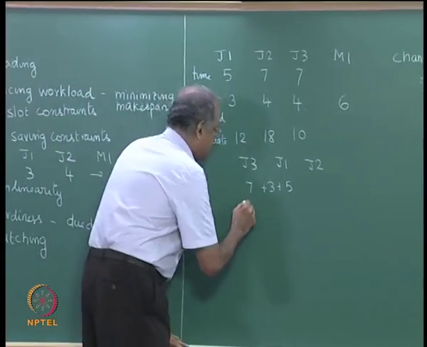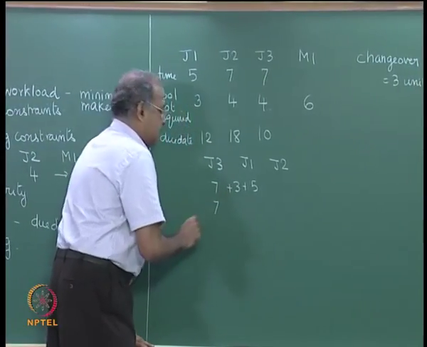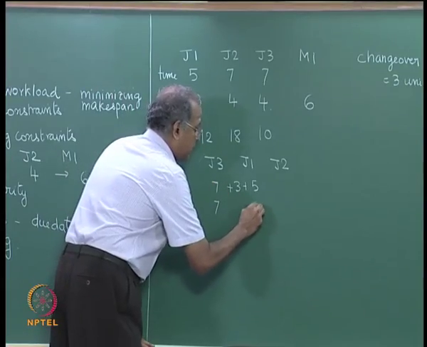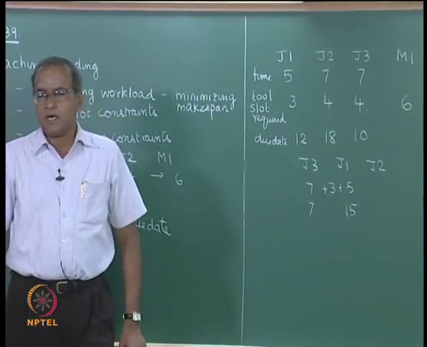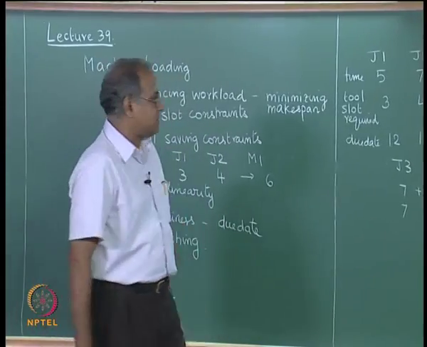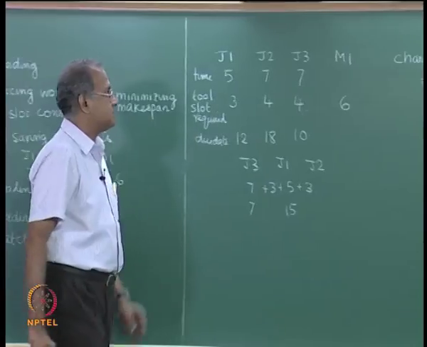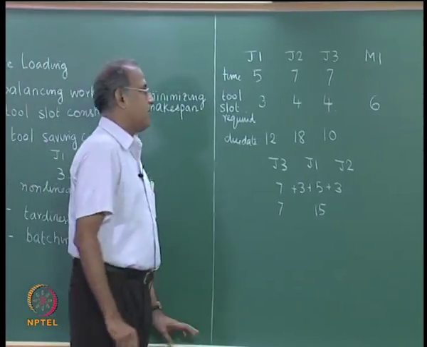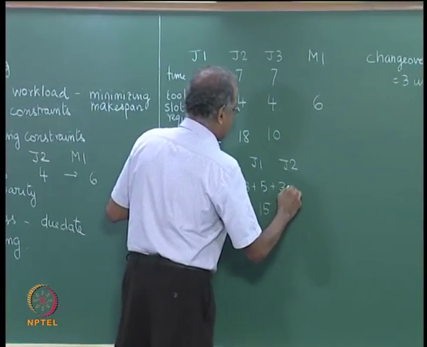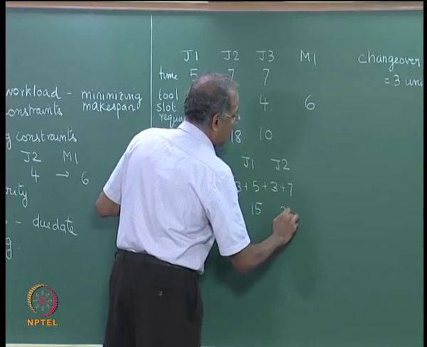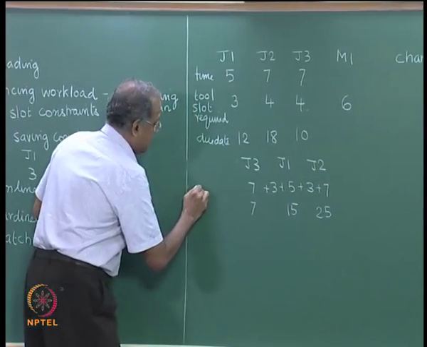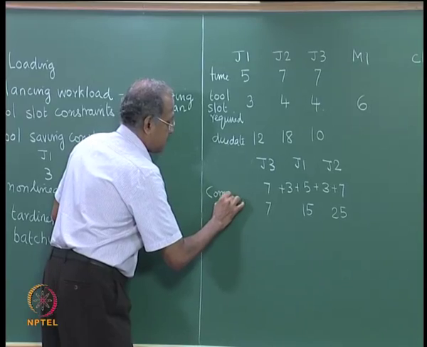So, J3 finishes at time 7, J1 finishes at time 15, and then between J1 and J2 there is a changeover. So, plus another 3, 18, and J2 requires another 7 time units. So, 18 plus 7, 25. So, these are the completion times.